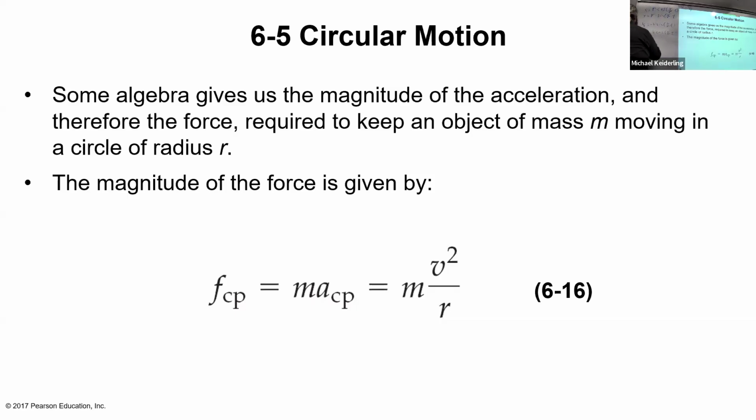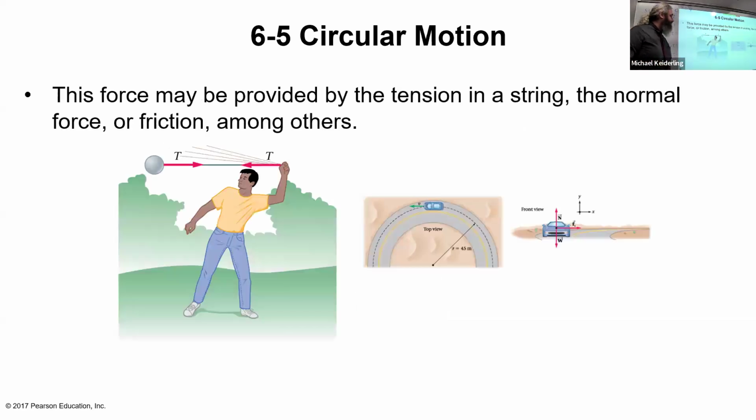Then the accelerations ax and ay are minus v squared over r cosine v over r t, and minus v squared over r sine v over r t. You just take the derivatives 3 times. But yeah, the magnitude of the force is mass times velocity squared over radius.